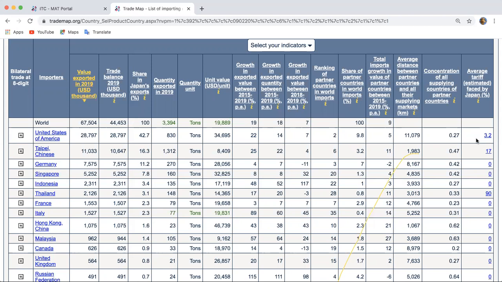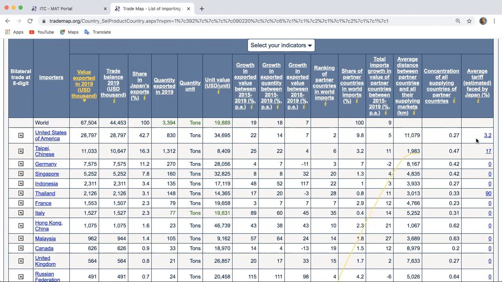But as I said before as well, tariffs are levied on a country-specific code, not on the HS6 code, which we are looking at right now in this table. So a 3.2% on average could be one product that is facing 9% and another product 0%, and then another product 0%.